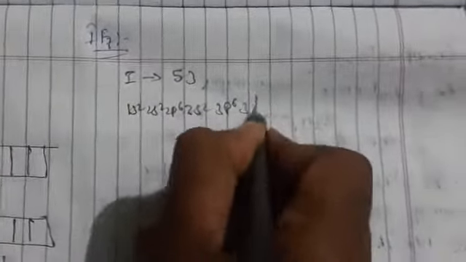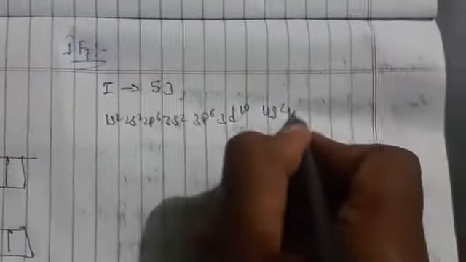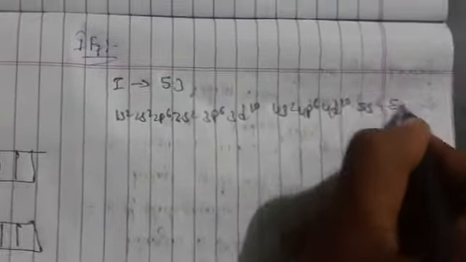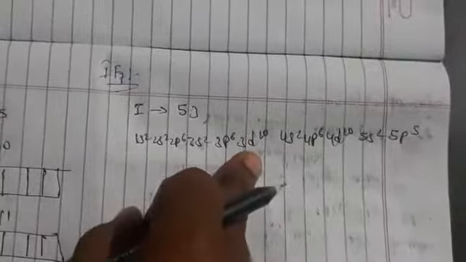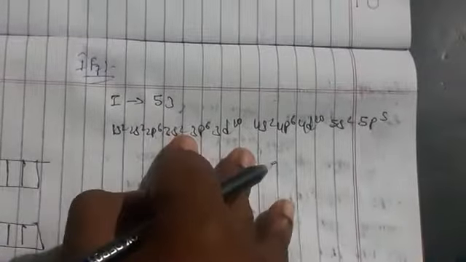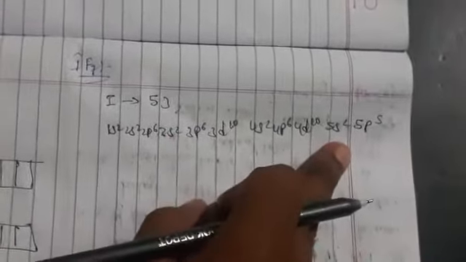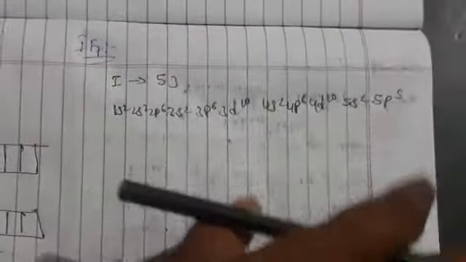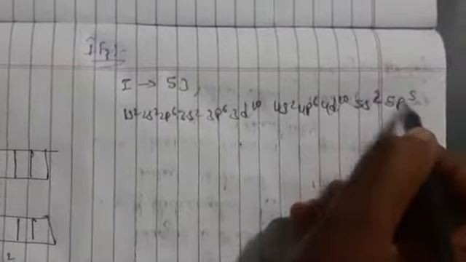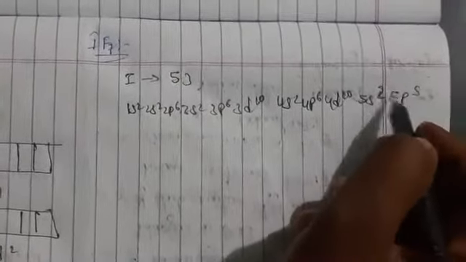Okay, so the configuration will be: 1s2, 2s2, 2p6, 3s2, 3p6, 3d10, 4s2, 4p6, 4d10, 5s2, 5p5. Okay, so here if you have been seeing, 10, 10, 20, 30, 40, 40 plus 7, 47 plus 8, sorry, 47 plus 8, 48 plus 5, 53.